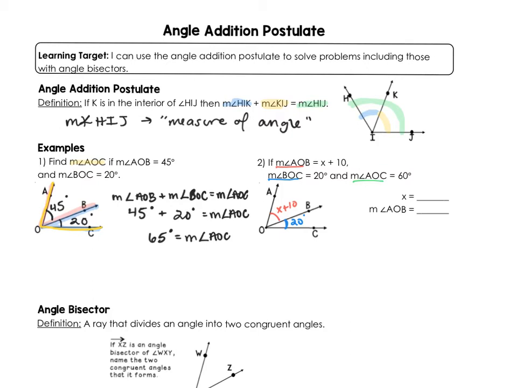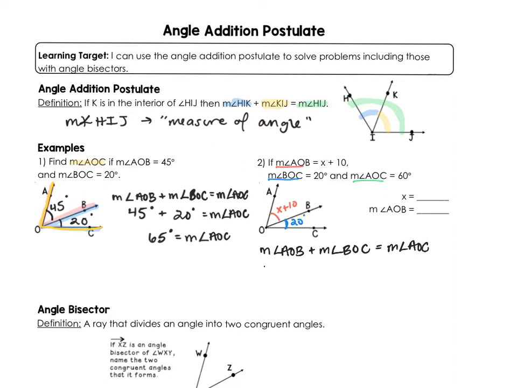So when I label these, when I write my angle addition statement, I have the measurement of my two smaller angles. So the measure of angle AOB plus the measure of angle BOC equals the measure of angle AOC. In my next step, I'll substitute the information that I was given.